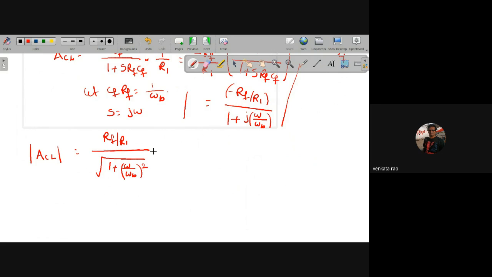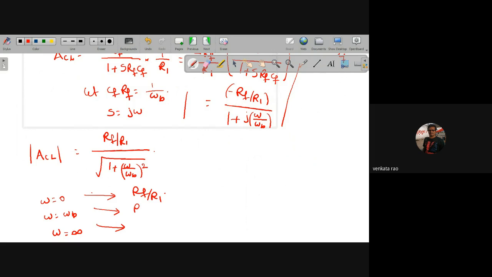Now let us take different values: omega equal to 0, omega equal to omega B, and omega equal to infinity. For omega equal to 0, the closed loop gain is RF by R1.